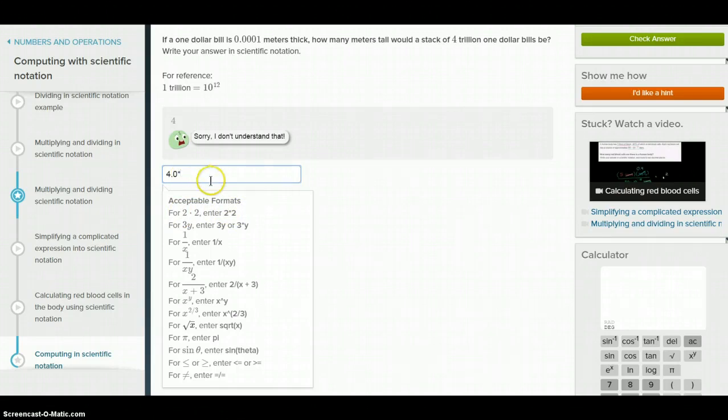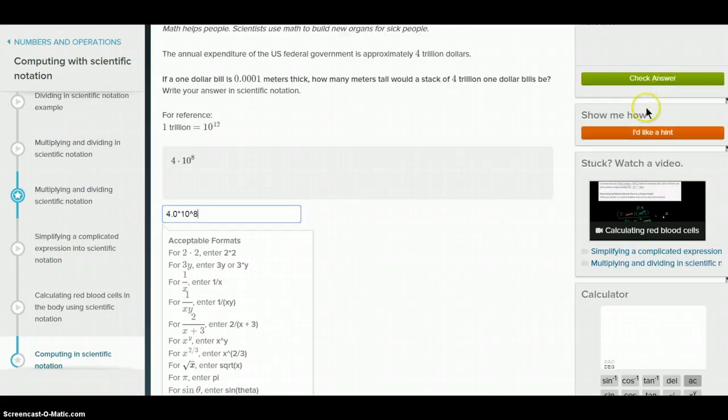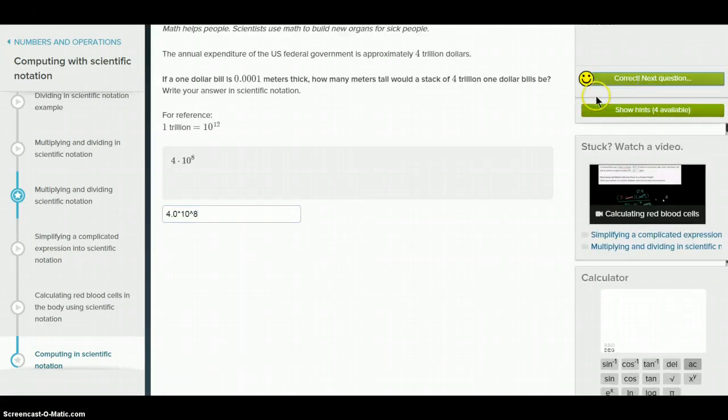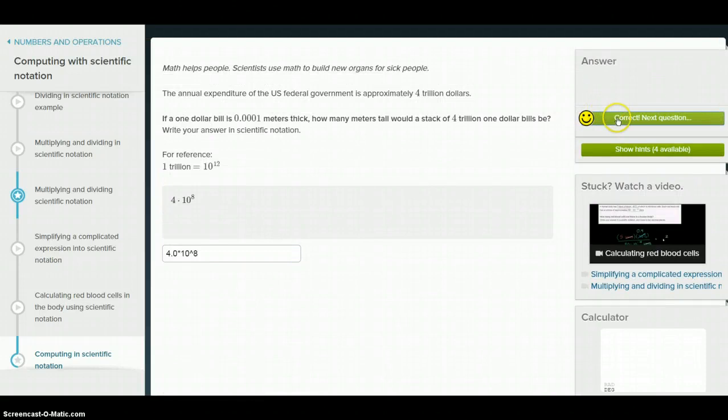Alright, so 4.0 times 10, and then the exponent we're going to use this caret sign, which is shift and the number 6. Alright, and then 8. So 4.0 times 10 raised to the 8th. Alright, so we got that right.